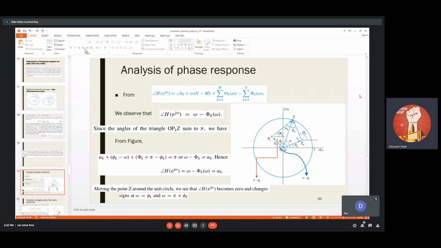If you want to note anything down in this slide, you can hold the slide. Yes, tell me. Sir, in this angle of H e to the j omega, you have written omega minus pi k. That is only due to the pk pole, right? Yes, only due to one pole, pk.